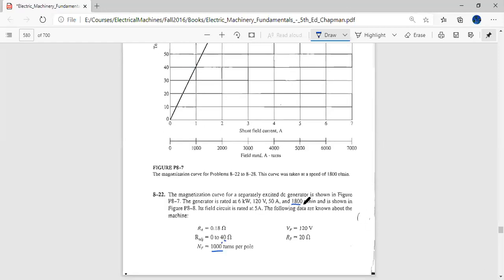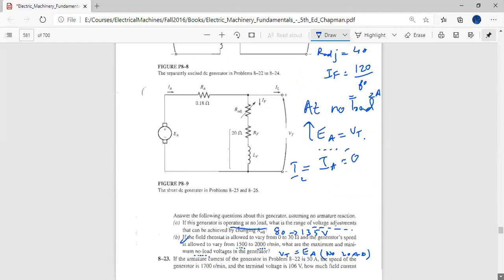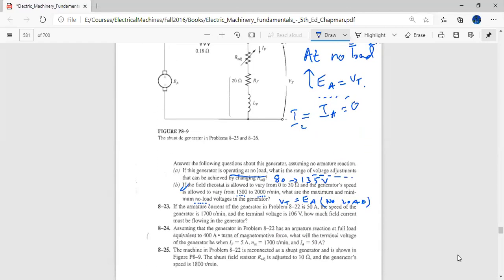So this graph is for 1800 RPM. Okay, so we must make sure that this graph is for 1800 RPM, and now we are not working at 1800 RPM, we are working in this range, 1500 to 2000 RPM. What are the maximum and minimum no load voltages?